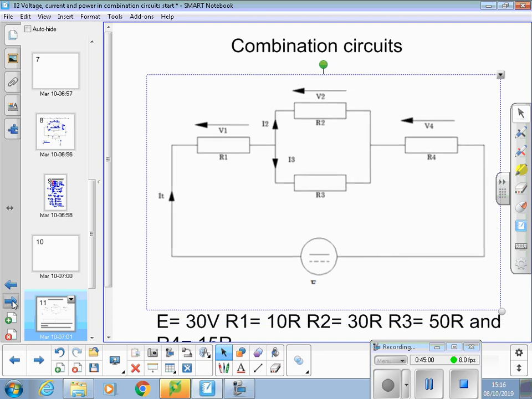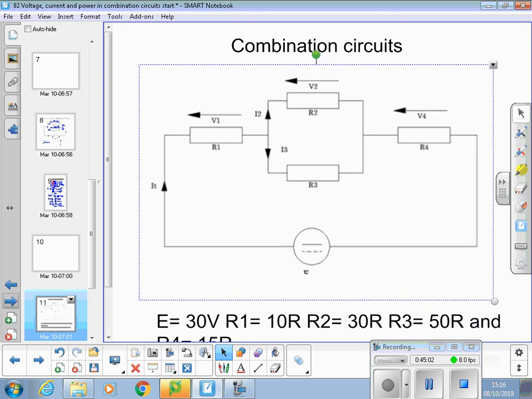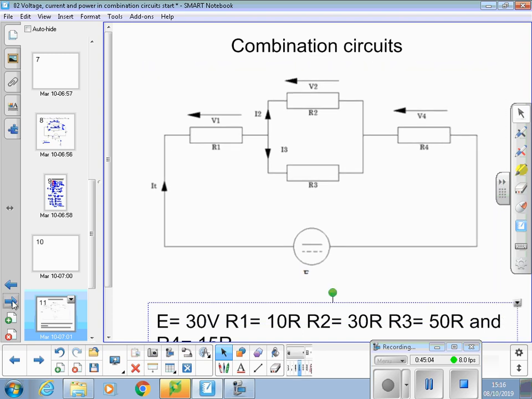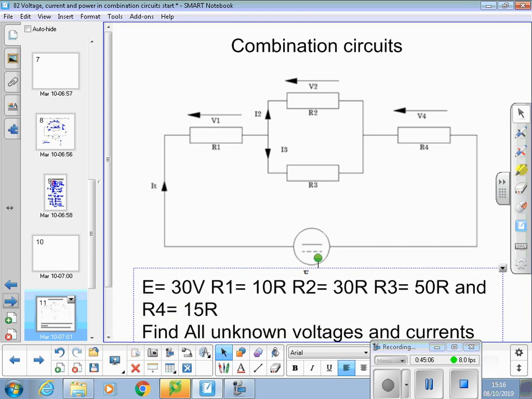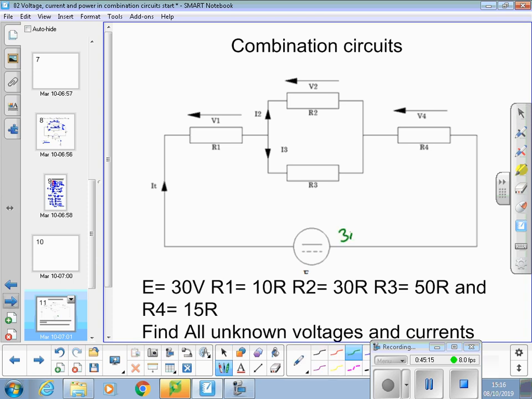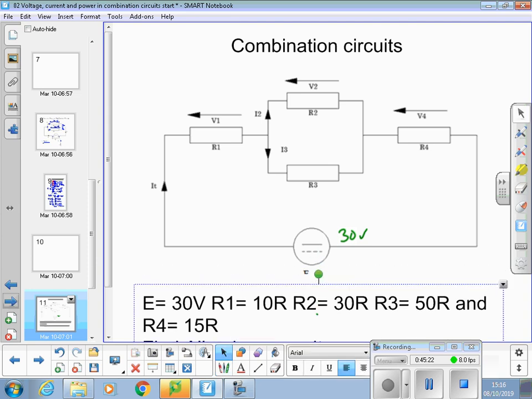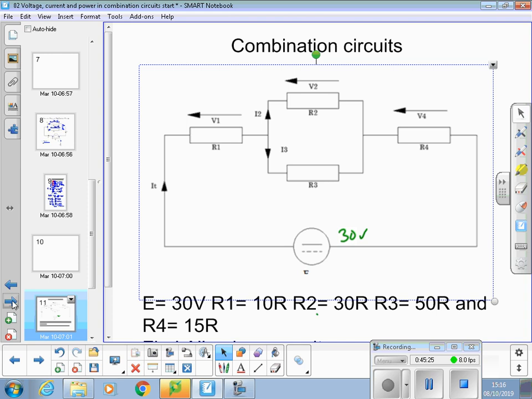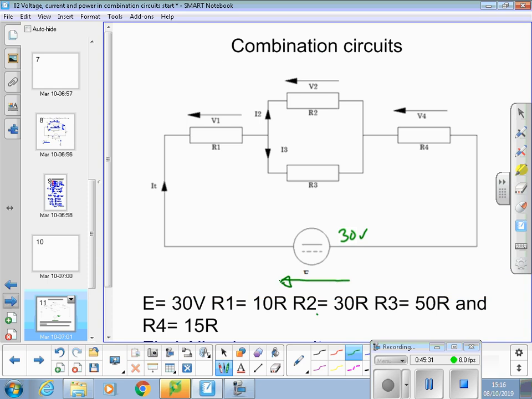Right, combination circuits. Here, we've got a combination of both parallel and series. So we've got E is 30 volts. Current's going in that direction, so that must be the arrow.